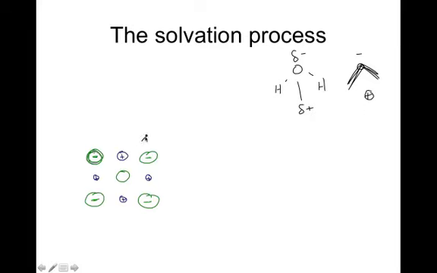And so water molecules can come over here, and the positive end, which is the opened end where the hydrogens are, could be attracted to that chlorine. And they're going to attach to it, and they're going to pull on it. And if they have enough force, enough energy to overcome the bonds that are holding the chlorine ion in the crystal lattice, then it's going to pull that chlorine off.